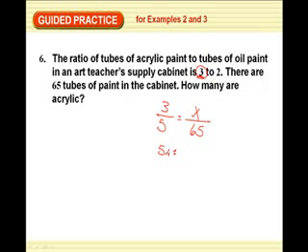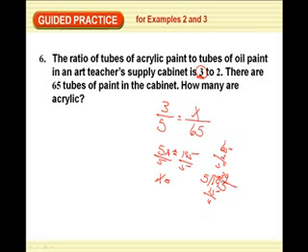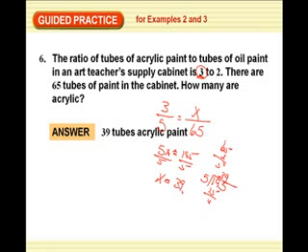So 5x equals 65 times 3, 195, divide by 5, x equals 39 tubes are acrylic. Yay!